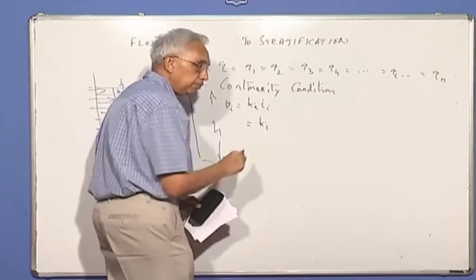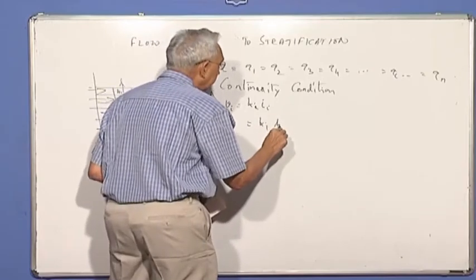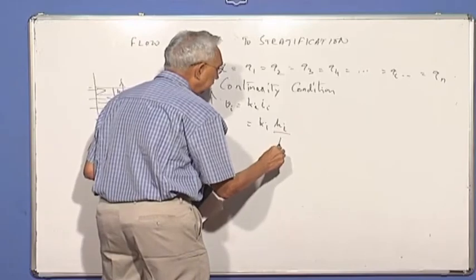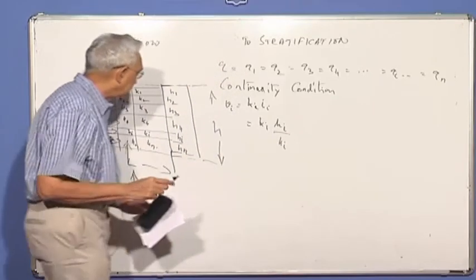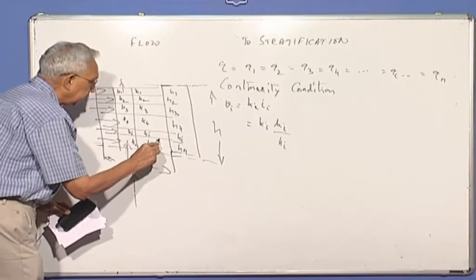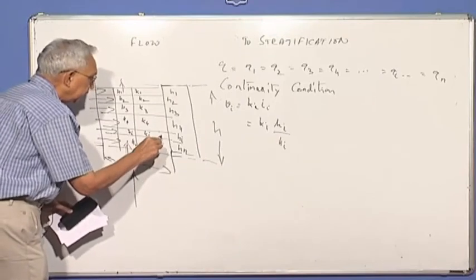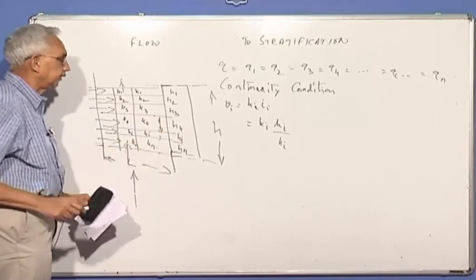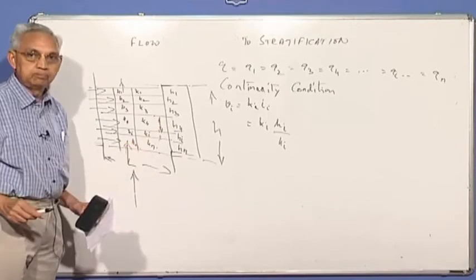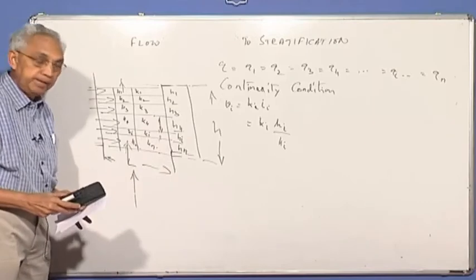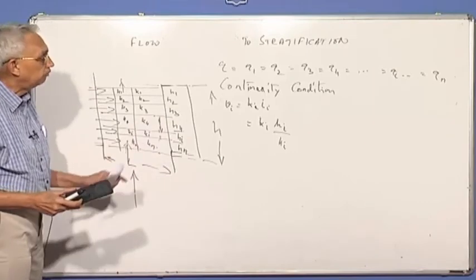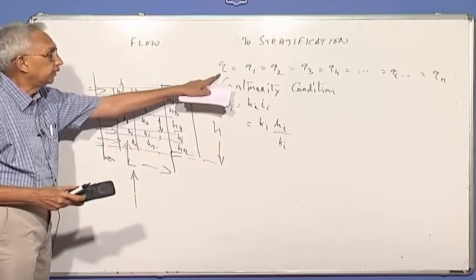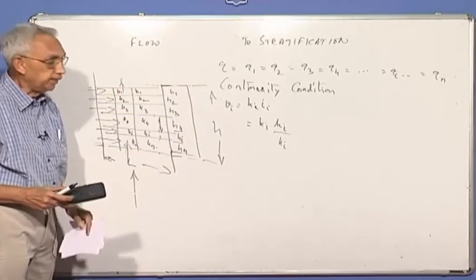Ki is the coefficient of permeability of the ith layer, and the gradient is the head loss Hi divided by the thickness, because that is the distance through which it has to flow. These are the distances, and this is the head loss. So the gradient could be different in each layer, and what we find here is the velocities are the same because the discharge is the same, but the gradient is different.